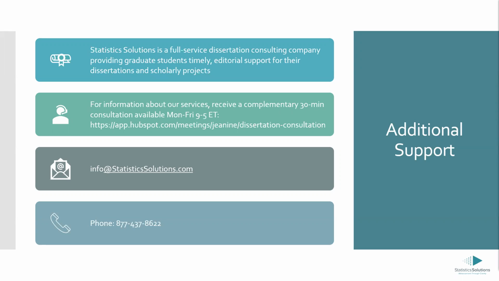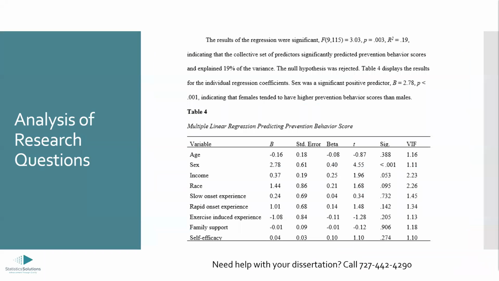So if we go back to our regression example, we have a regression here, and what we're predicting, which we list in our table title up here, is prevention behavior score. And we're trying to predict that score based on a number of different variables that include age, sex, income, race. So a bunch of different demographic characteristics, as well as some other variables down here like family support and self-efficacy.